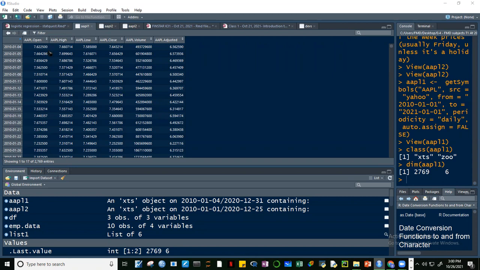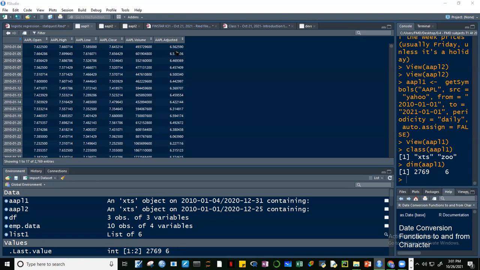And throughout the day, in intraday trading, the highest price reached up to 7.66, and the lowest was 7.58. Okay, and then we have this adjusted price, because at the end of the day, sometimes there could be stock splits and other adjustments to the stock price. So the adjusted stock price is 6.56.